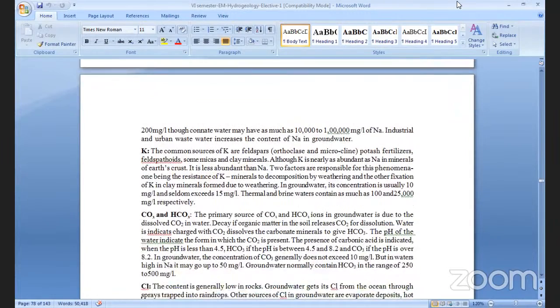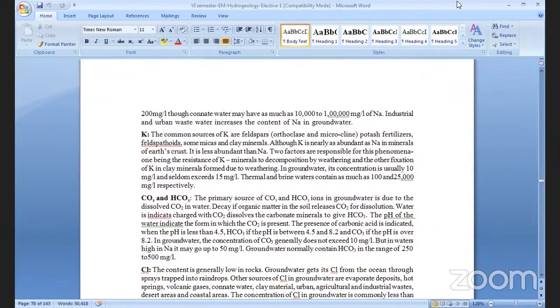Potassium. The common sources of potassium are potash feldspars, potash fertilizers, feldspathoids, micas, and other clay minerals. Those also have potassium, and it is released into the deeper levels of groundwater.